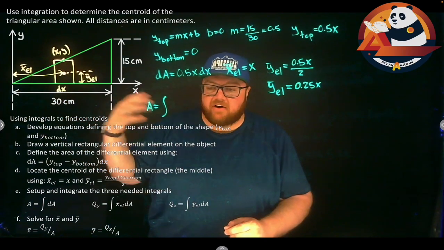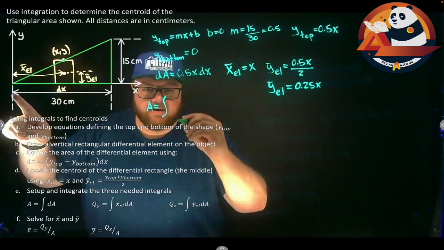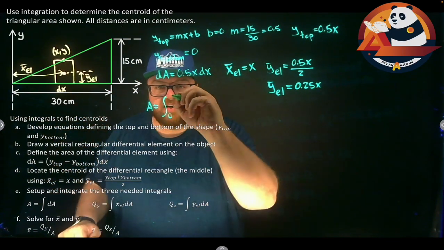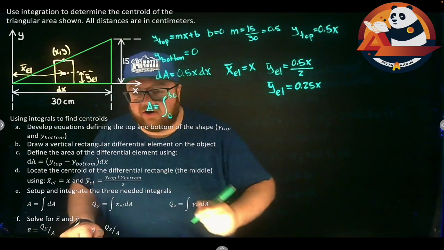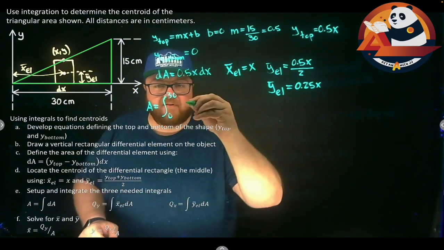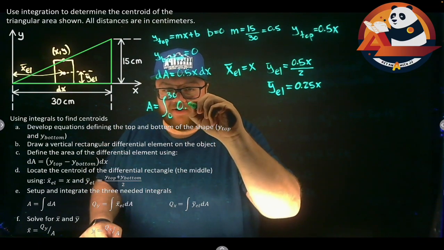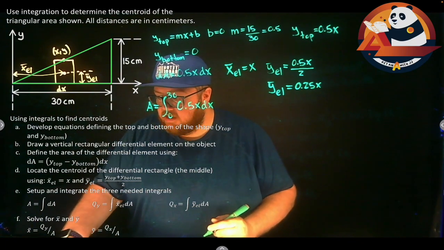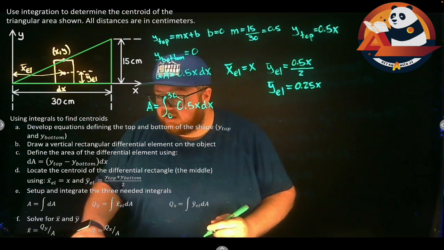If I have dx, integrate from the smallest possible x value, that'd be 0, to our largest possible x value, which would be 30. So our integral from 0 to 30 of dA. But I have an equation for dA, 0.5x dx. Which I can come in and try to evaluate.